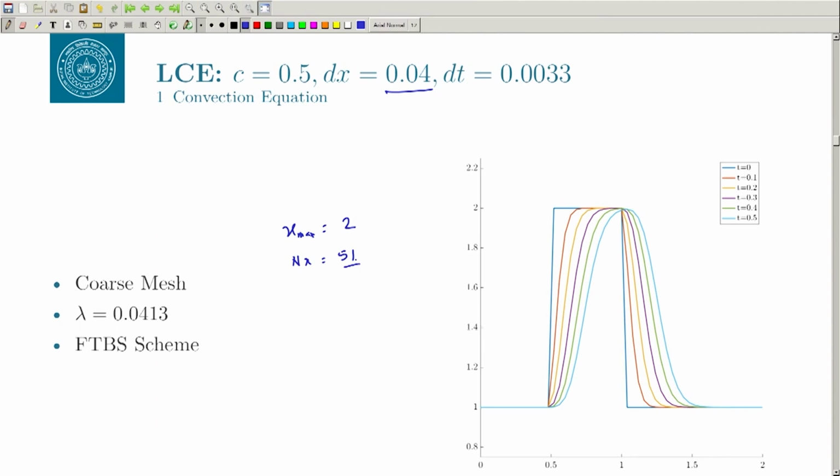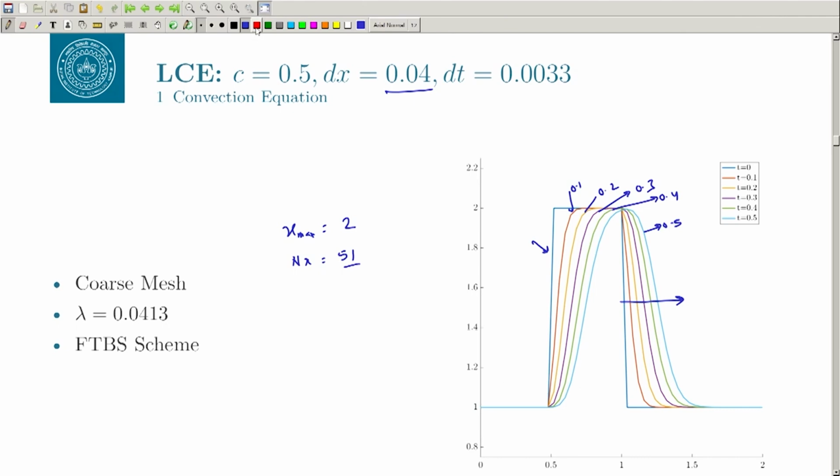If you do that, you will see that it is still marching on the right. This is your t equal to 0, this is your t equal to 0.1, 0.2, 0.3, 0.4 and 0.5, right.